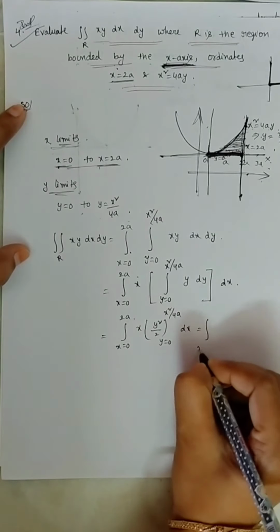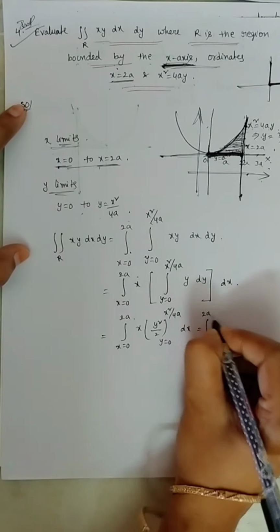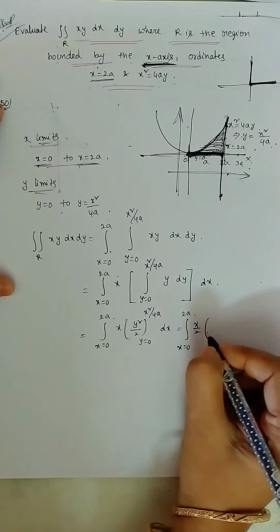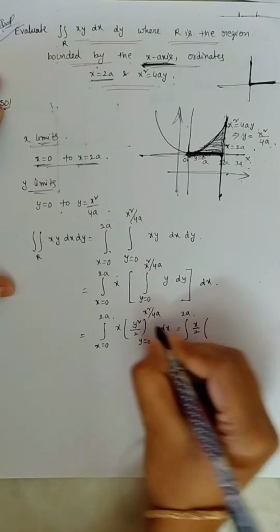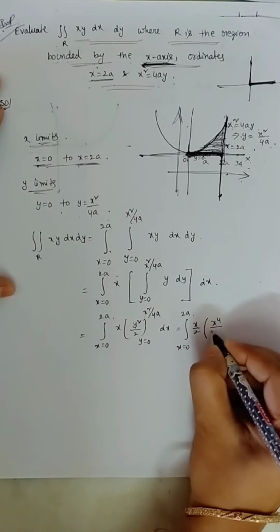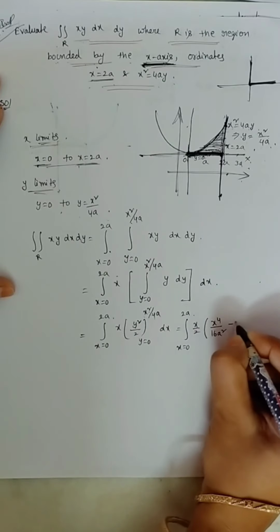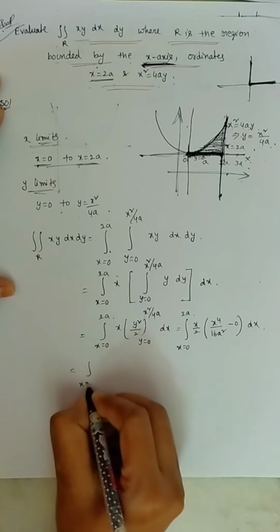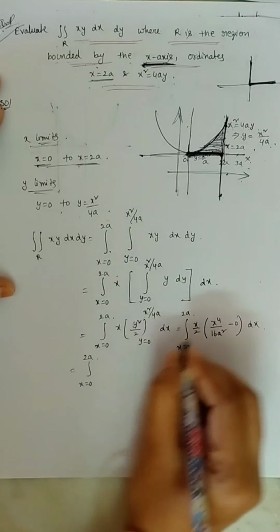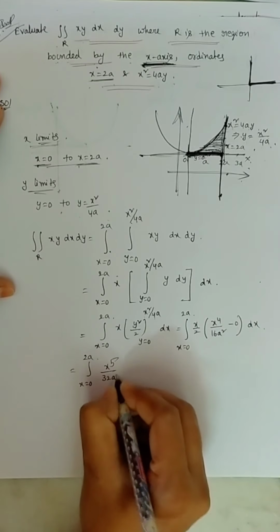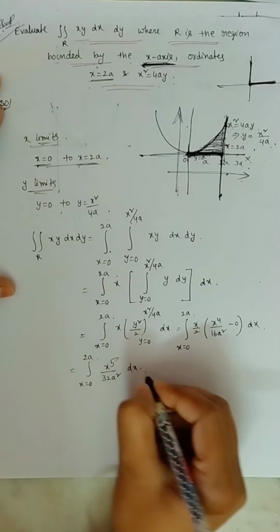This equals the integral x equals 0 to 2a of x by 2 into, substitute the upper limit, x square by 4a whole square, that means x power 4 by 16a square, minus 0, dx. This equals the integral x equals 0 to 2a of x power 5 by 32a square dx.